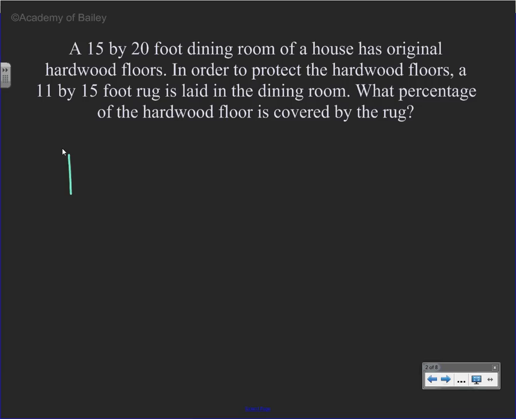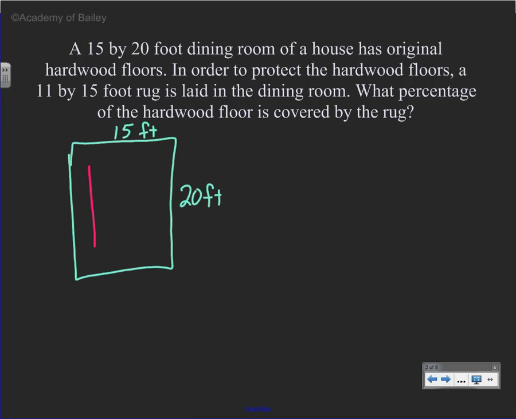Well, you can start by drawing a diagram of your situation, 15 foot by 20 foot, and then you put an 11 foot by 15 foot rug in the dining room to protect the floors.